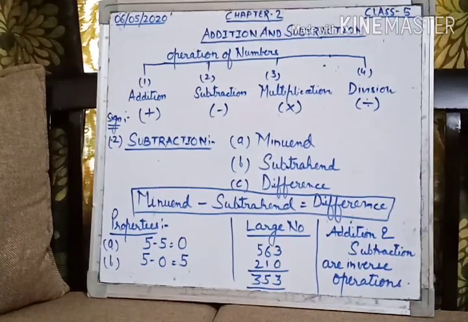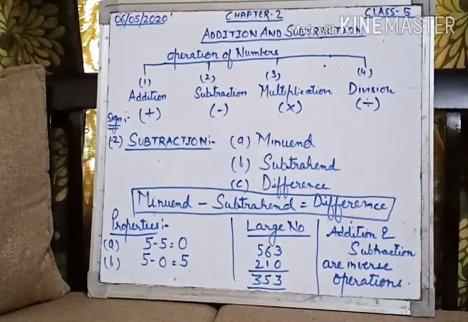Suppose the number is 563 and I am subtracting 0 from it, the answer will be 563 only. If you keep these properties in mind, instead of calculating every time and writing numbers vertically or horizontally to check the answer, it will make your calculation easy.